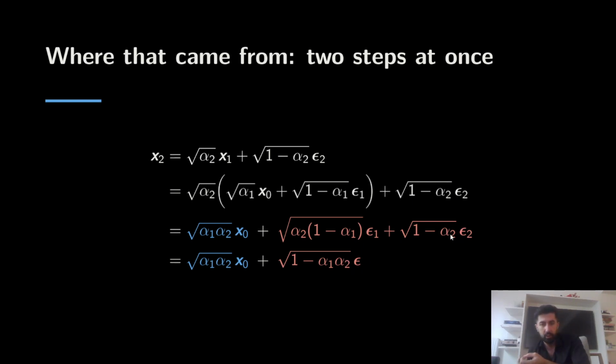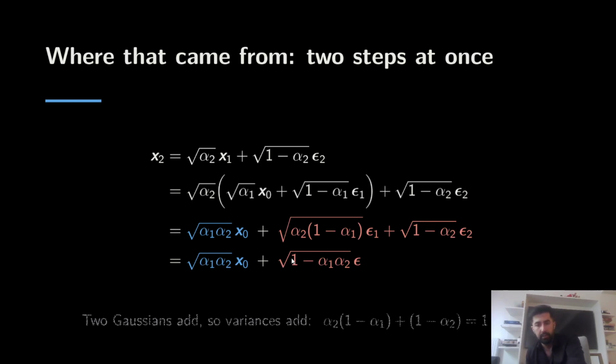So we can unify, take epsilon as a common factor, and expand it. We'll get radical 1 minus alpha 1 alpha 2, and that's basically it. Alpha 1 alpha 2 is the product of alpha from 1 to 2, and this is part of the expansion we got over here.